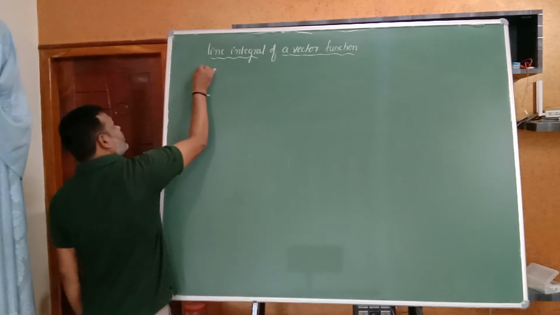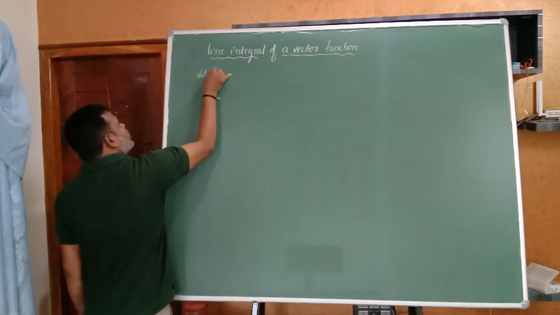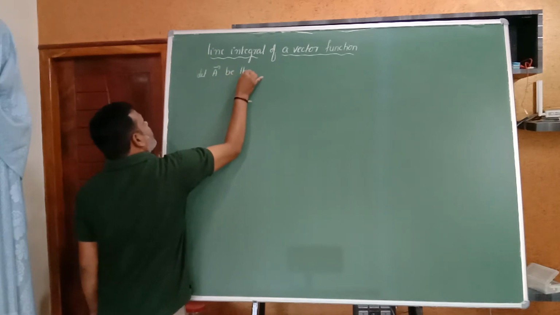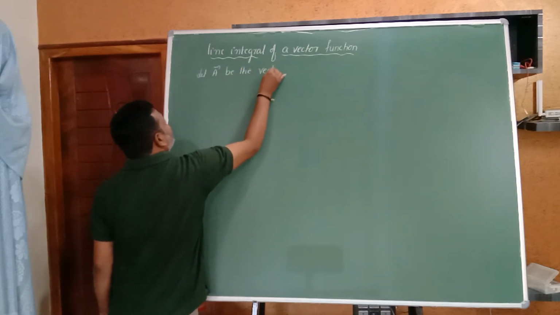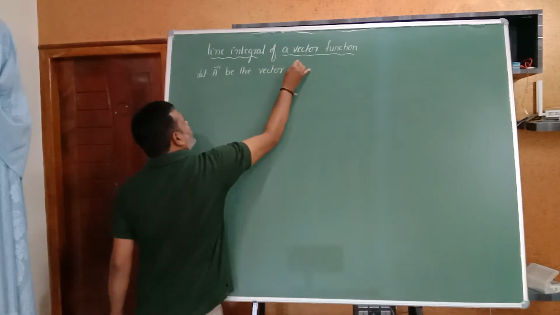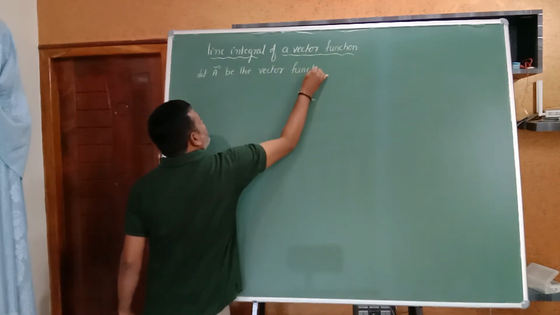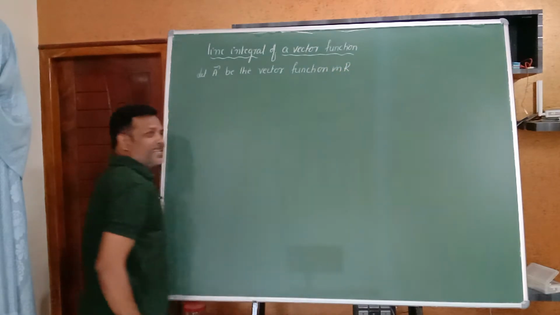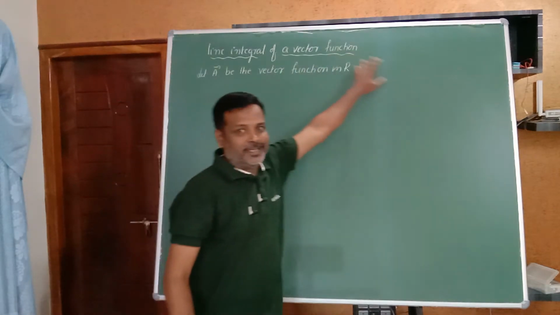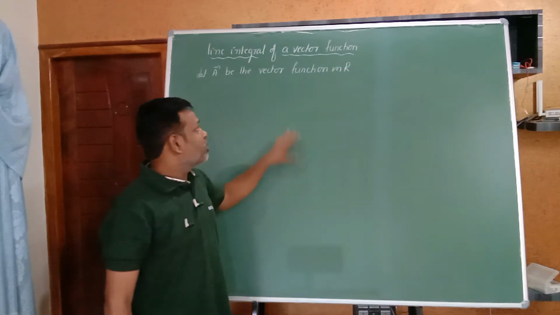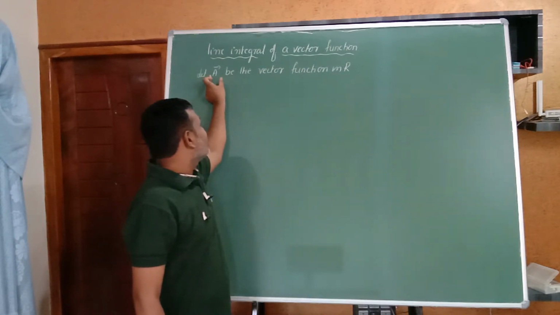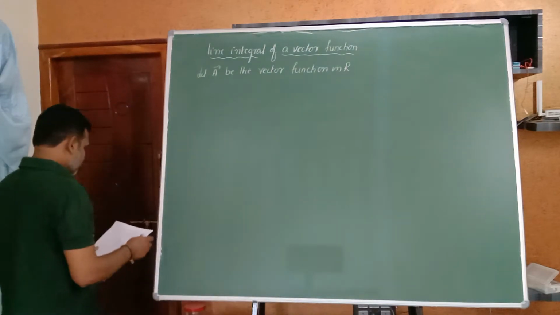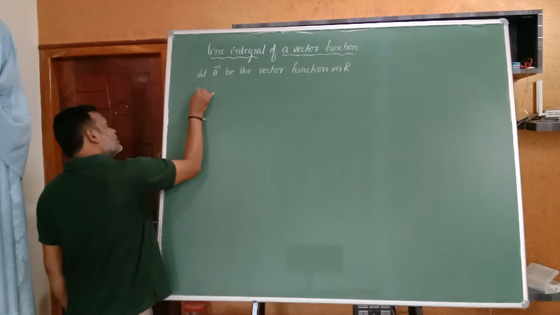Let vector A be a vector function in the region R. Here the capital R indicates some region. So let us consider this is a region. In this region, I am going to consider a vector function, that is capital A. Capital A be the vector function in R in a three-dimensional space.